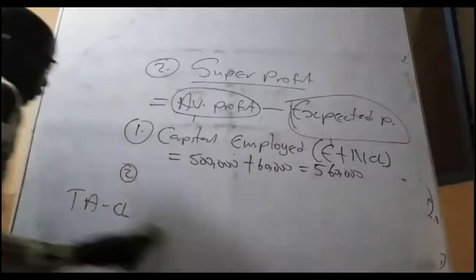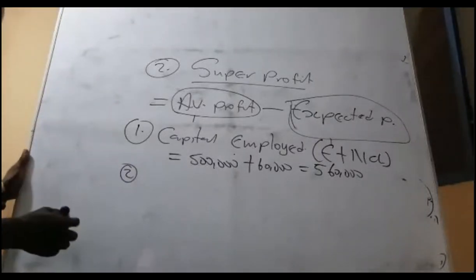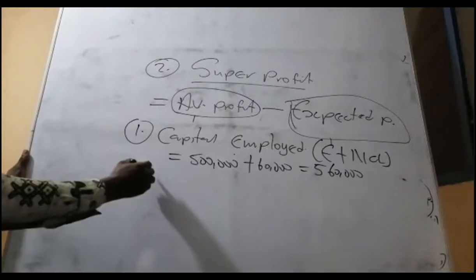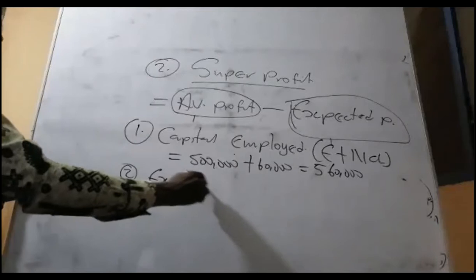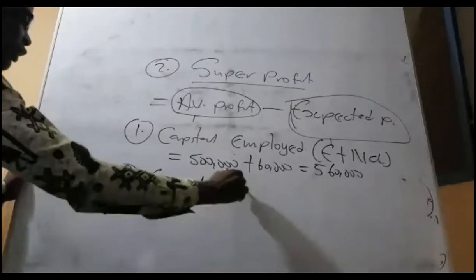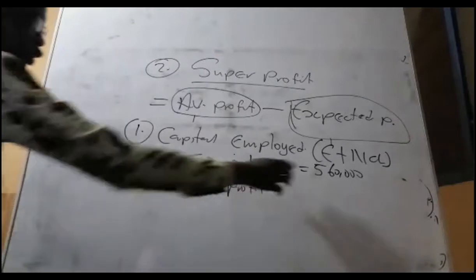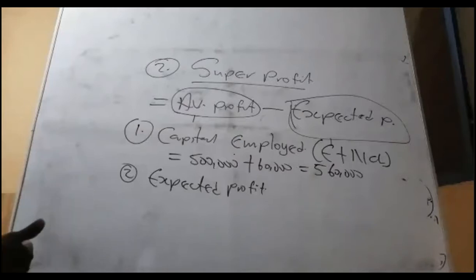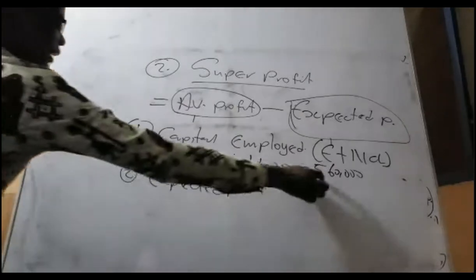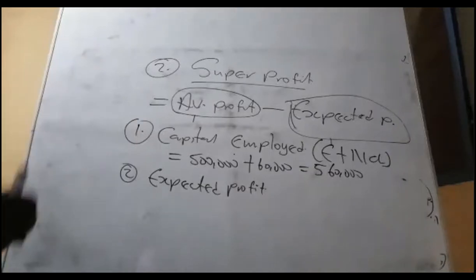Now the next step is to find the expected profit. We are looking for expected profit. If your capital employed is 560, then they should give us the expected return, so that we can multiply by this and know the value of the expected profit.